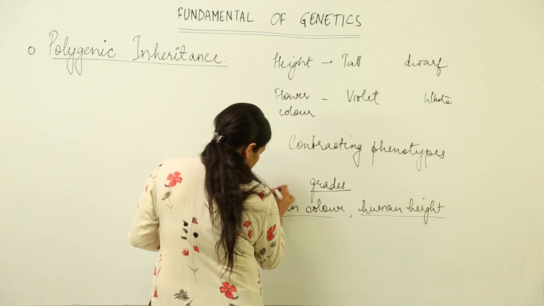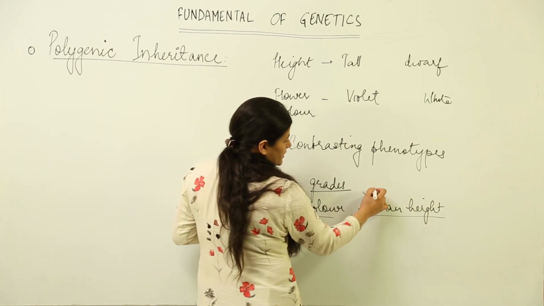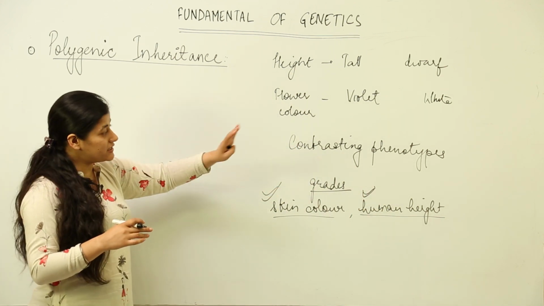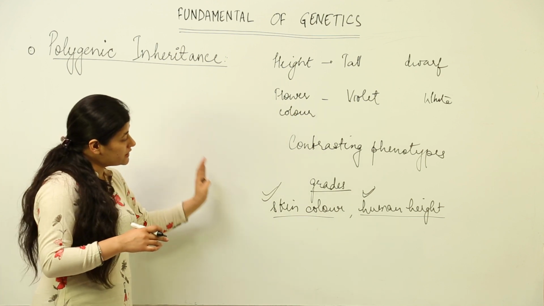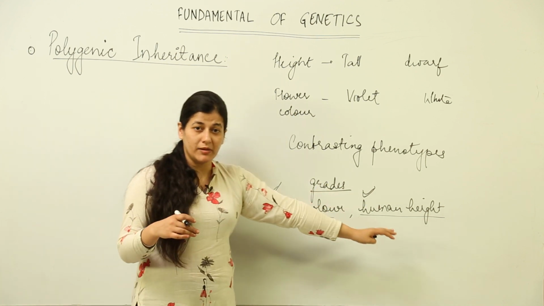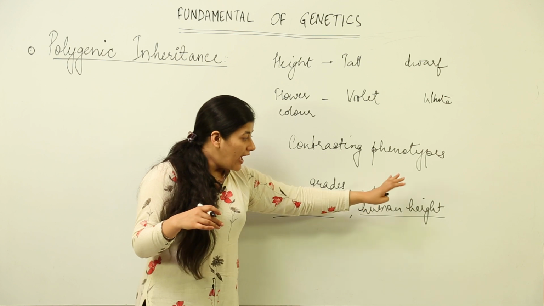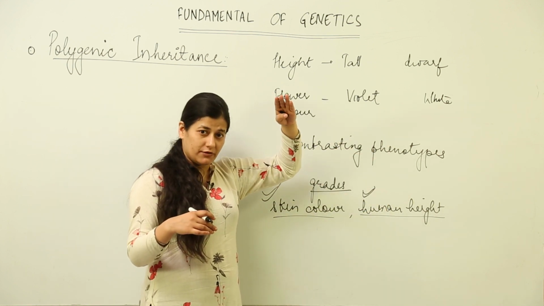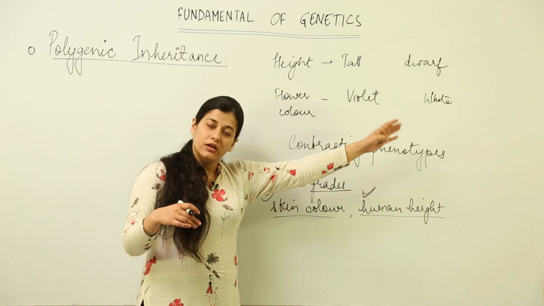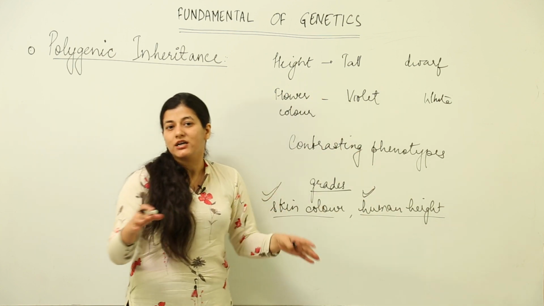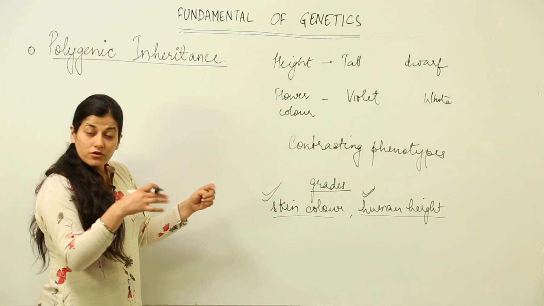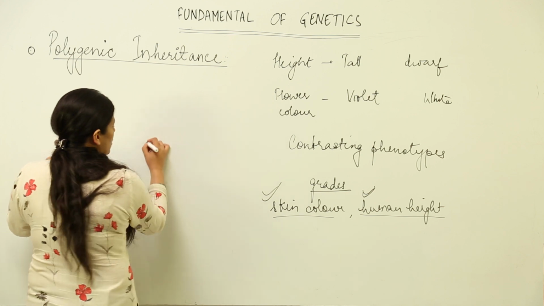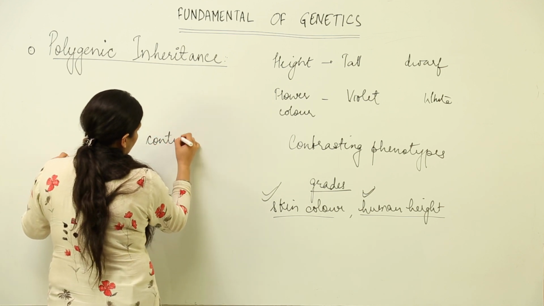Even in your house you are going to find these two examples showing grades of phenotypes, that the phenotype can occur in grades instead of showing contrast, that either someone would be completely fair or completely dark in skin color, and in the other case completely tall, way beyond 6 feet, and the other one lower than 3 feet. It does not occur like this in any case of human height. It shows a continuous variation.